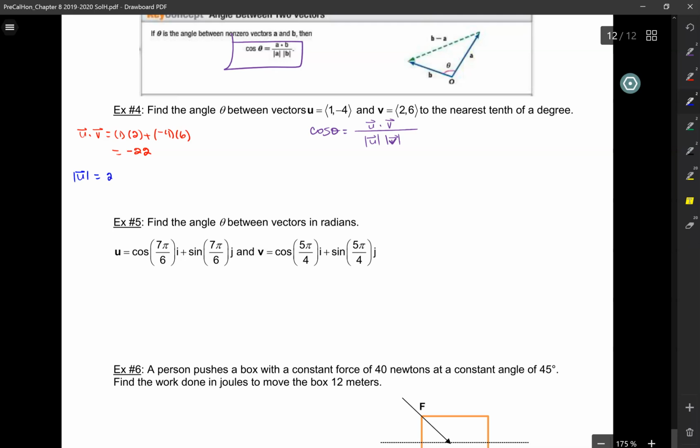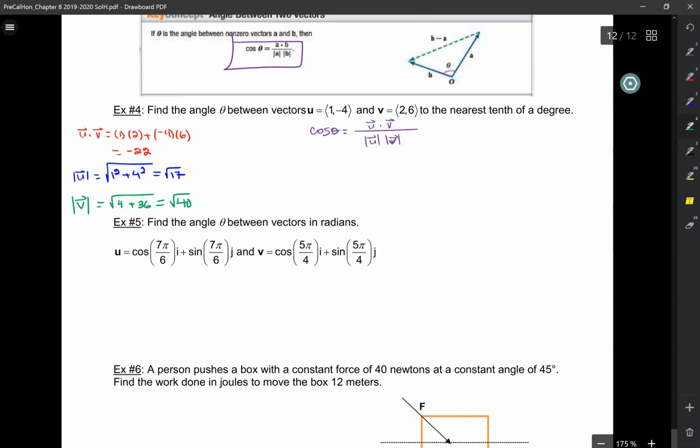Now, what's the magnitude of u? 1 squared plus 4 squared in a square root, root 17. Right? So what's the magnitude of v? Root 4 plus 36, root 40.